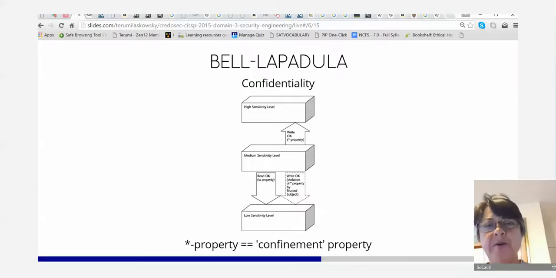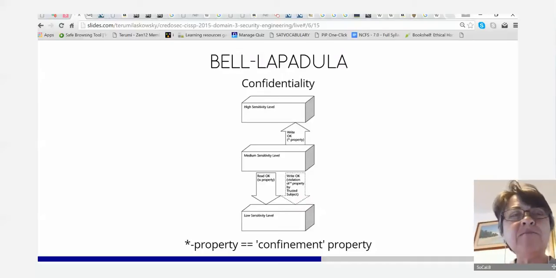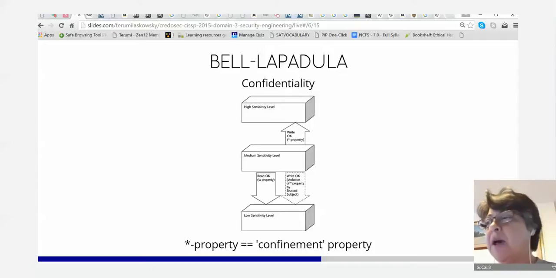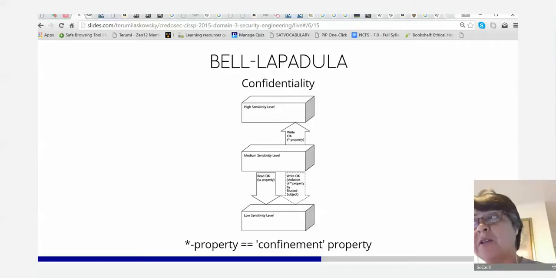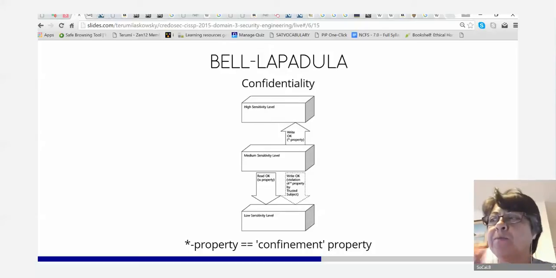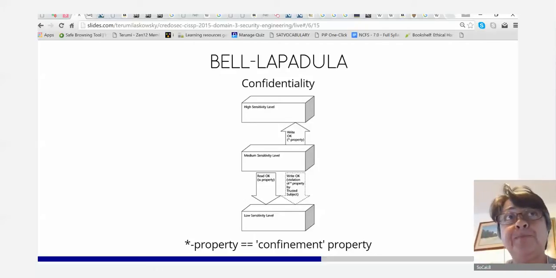The Bell-LaPadula model. And so here it is. Medium sensitivity level, secret. High sensitivity level, top secret. Low sensitivity level, let's say it's confidential. Although it's not a classification, let's just say those are the levels. What they're saying here is this. Let's place yourself in the middle layer, in secret.